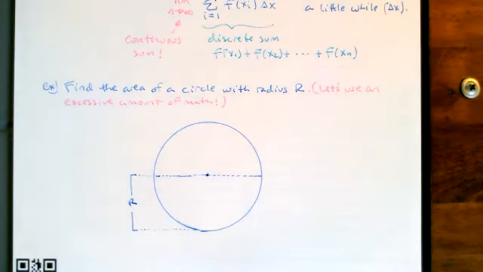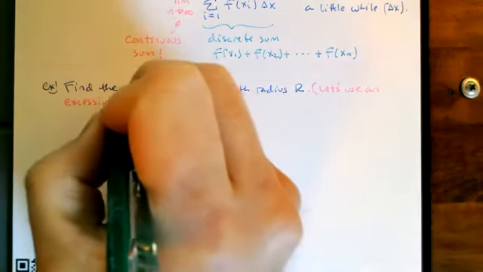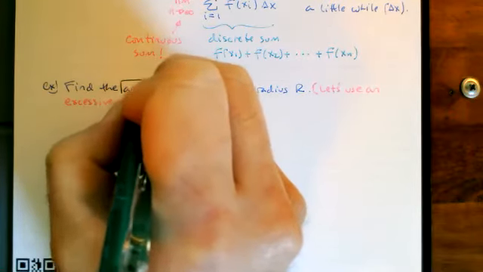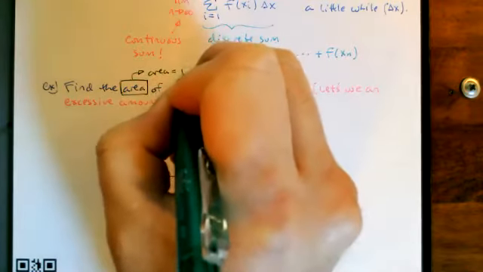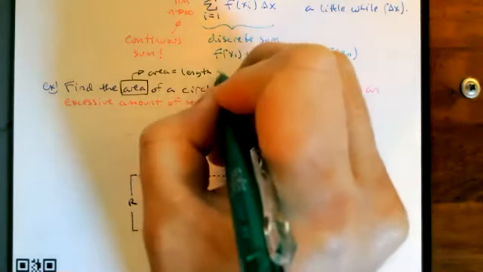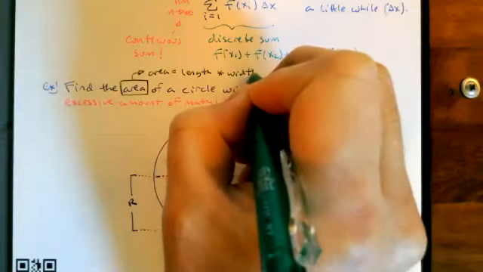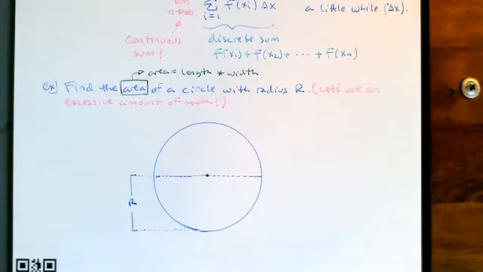So we're calculating an area, and area is length times width. That's the only area we need. Area is equal to length times width. That's going to be the area of a rectangle. What we're going to do is think of this circle as a bunch of rectangles.